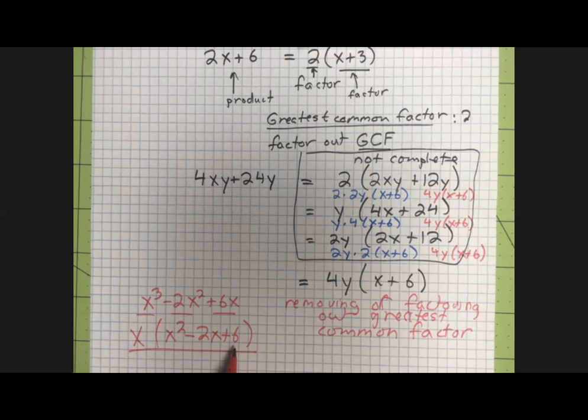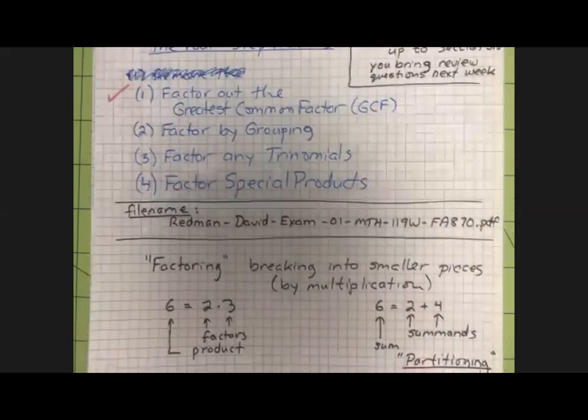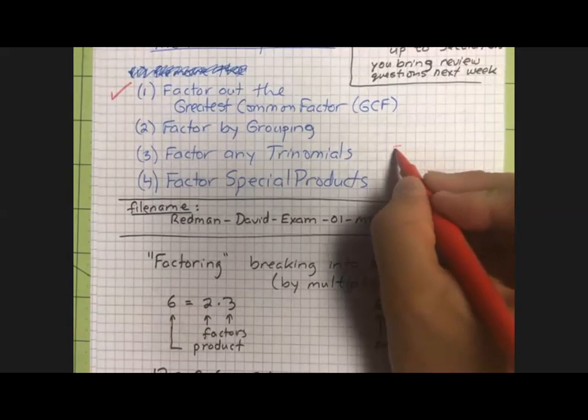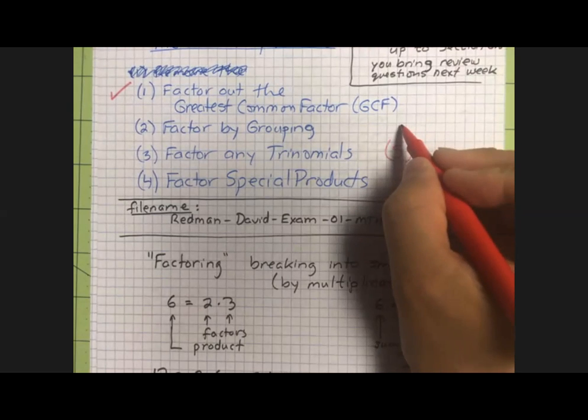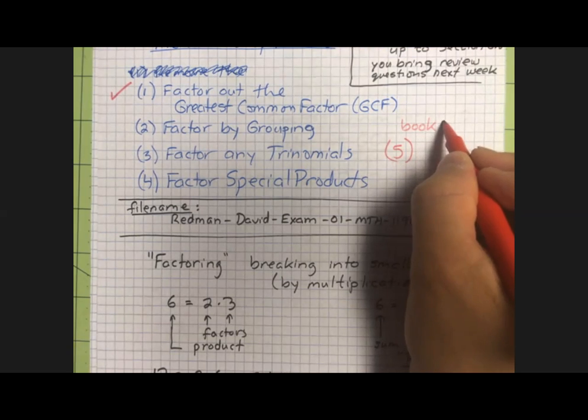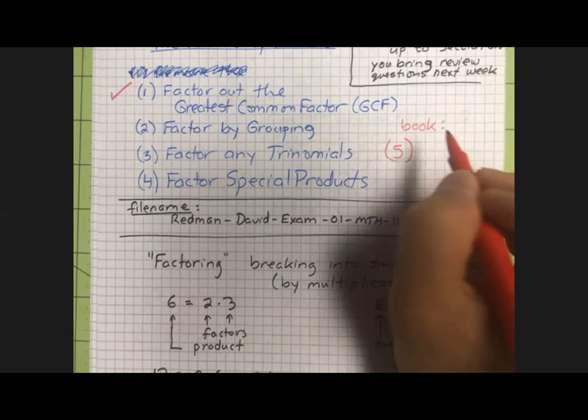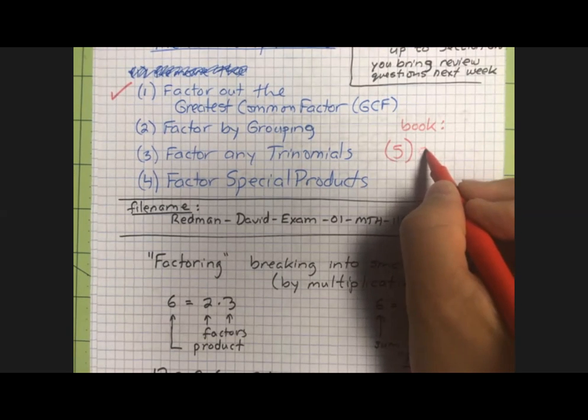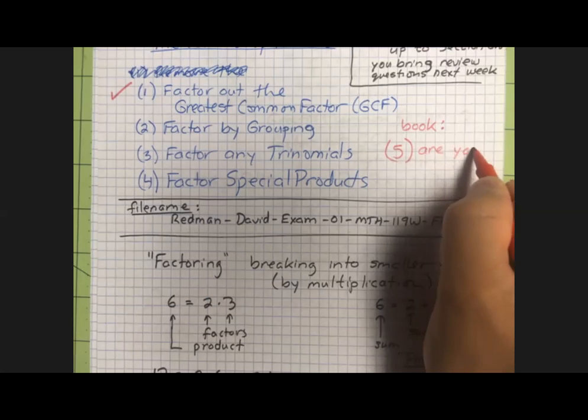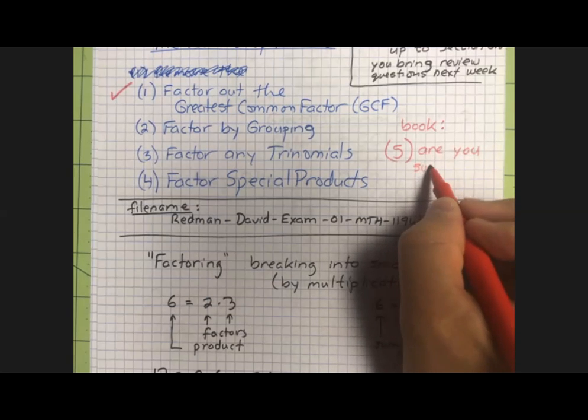But that's another bullet. How do I know that can't be factored? In fact, that's step 5 in the book's rules. The book, the author, and I like this, actually adds a 5th step. Are you sure you're done?